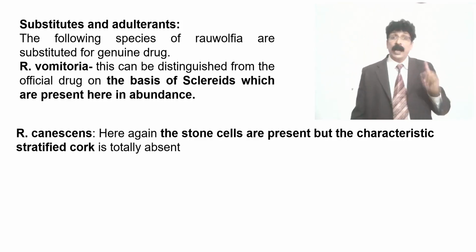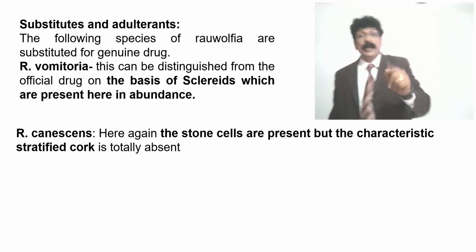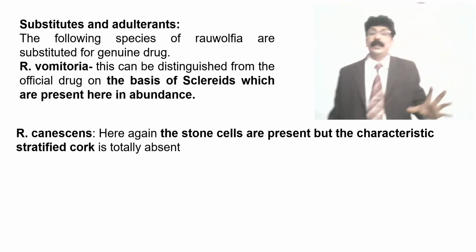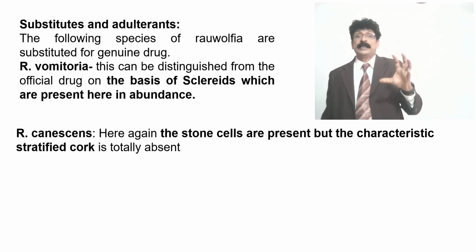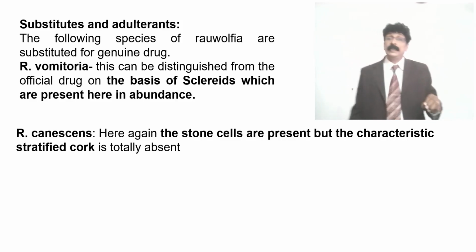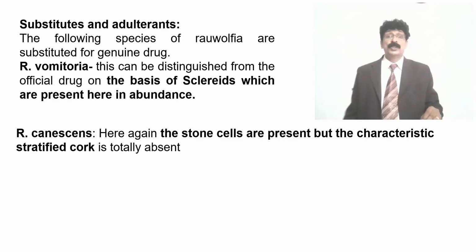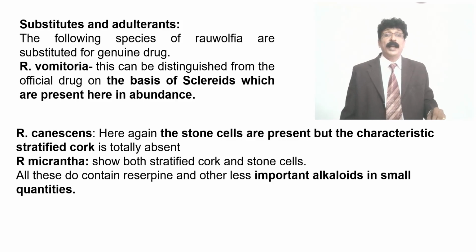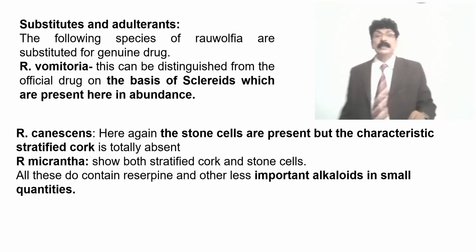In Rauwolfia canadensis, again the stone cells, that is dead sclerenchyma stone cells, bigger cells with a pith are present in the bast, but the characteristic striated cork is totally absent. And Rauwolfia micrantha shows both striated cork and stone cells.